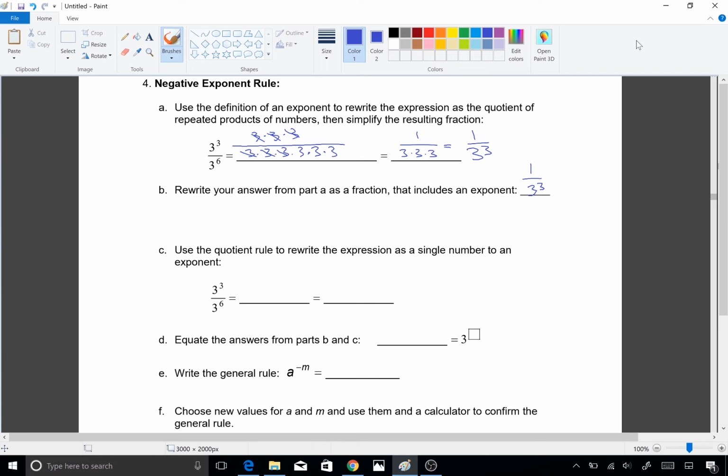Using the quotient rule, we get 3 to the third minus the sixth, and that's the same as 3 to the negative 3. We equate these. 1 over 3 to the third equals 3 to the negative 3.